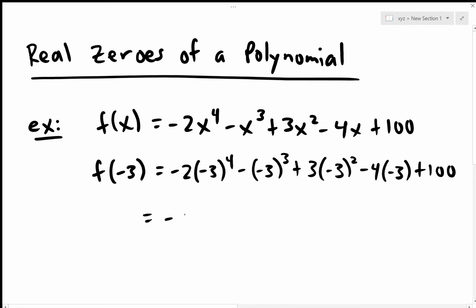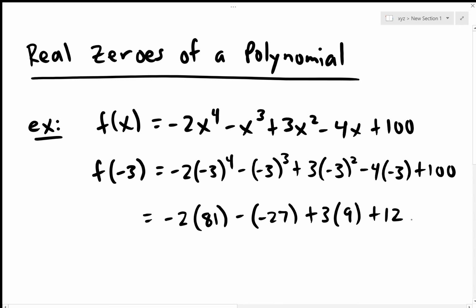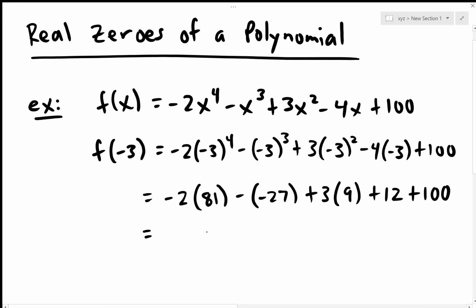So evaluating this, following the order of operations, start with exponents. Negative 3 to the fourth ends up as positive 81. Negative 3 cubed is negative 27. And here we have negative 3 squared, which will become 9. And go ahead and multiply out the negative 4 and negative 3 to get positive 12. And of course, we still have the 100 at the end.